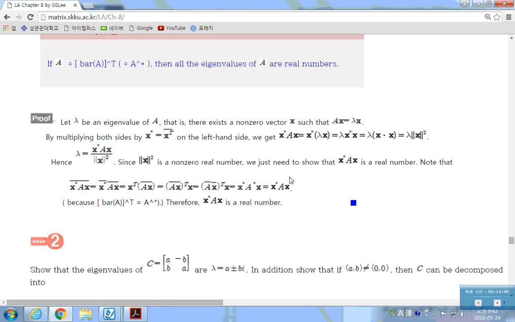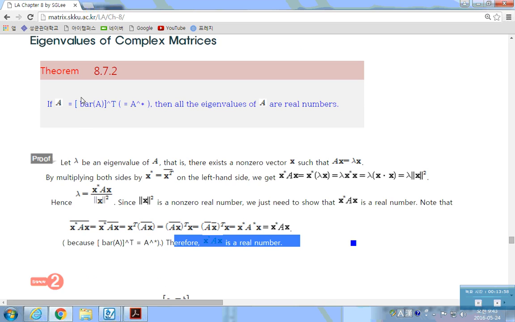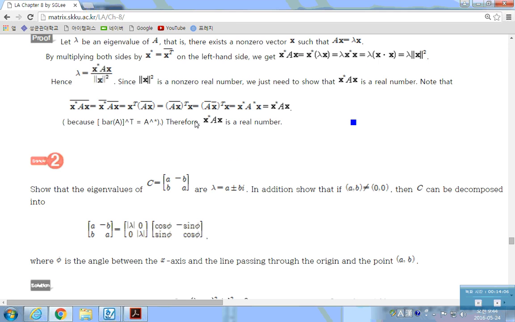Which means this is the same as this, which says X star AX is a real number. So this is a real number and this is a real number, so lambda is a real number. So all eigenvalues are real. That's it. Therefore, the eigenvalues of this type of matrix, the matrix that satisfies this condition, are all real. That's what it says.